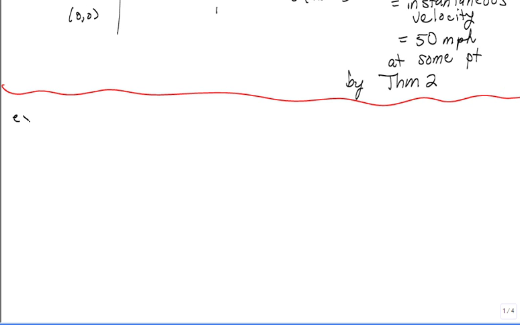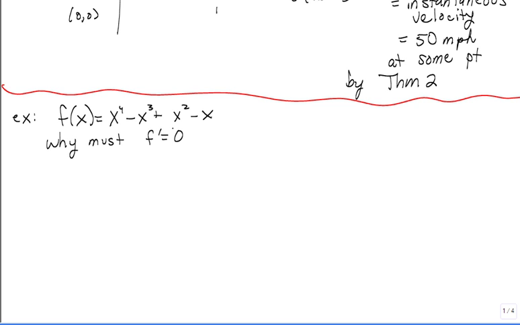Another example. Why must the derivative equal 0 for some x between 0 and 1?